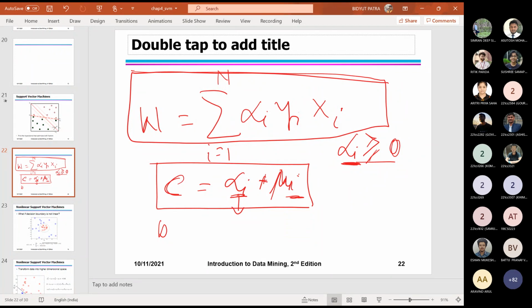Okay. And then once we compute the b, we'll have the same equation, that is the sign of w into z plus b. Okay. If it is positive, it is a positive class, otherwise it is a negative class. Okay. So that is for the samples which are linearly separable.